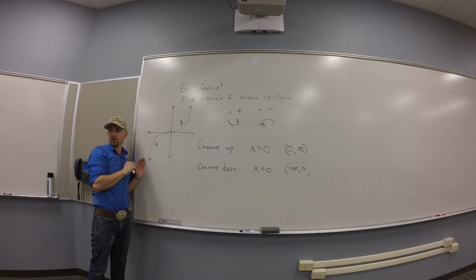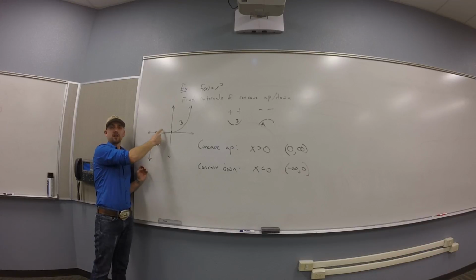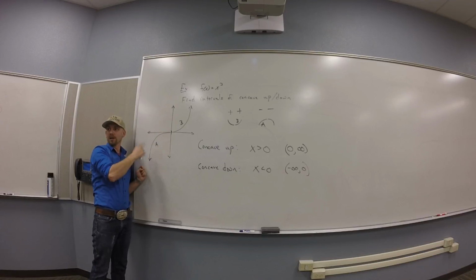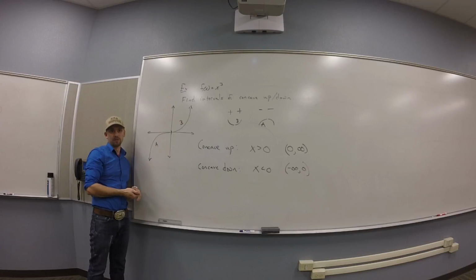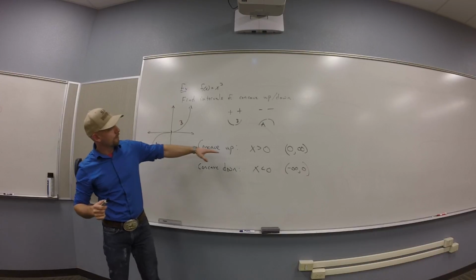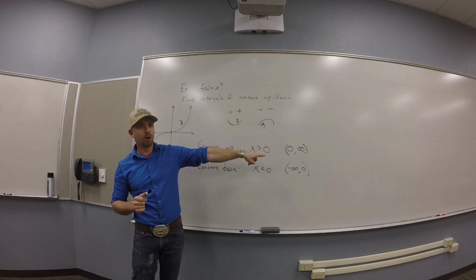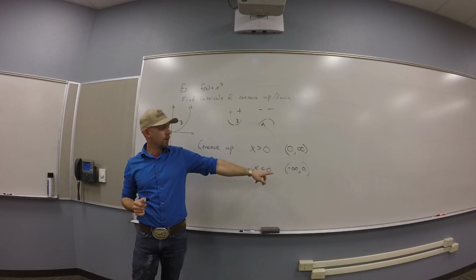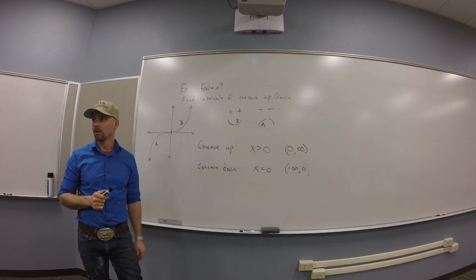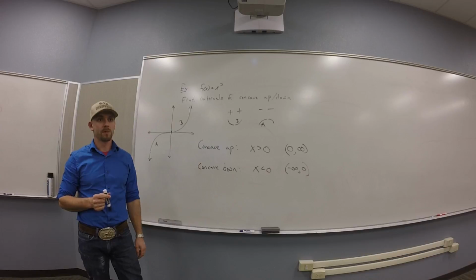Really what I mean is that as you move from left to right, you're going to be walking uphill. So this thing's always increasing, but it's concave up from 0 on and concave down until we get to 0. You guys cool with this?